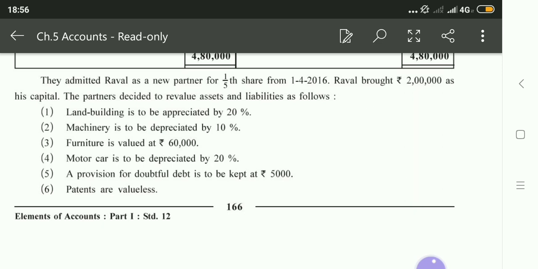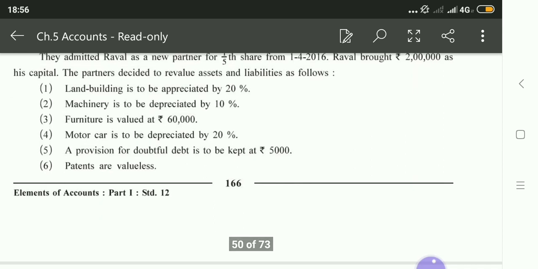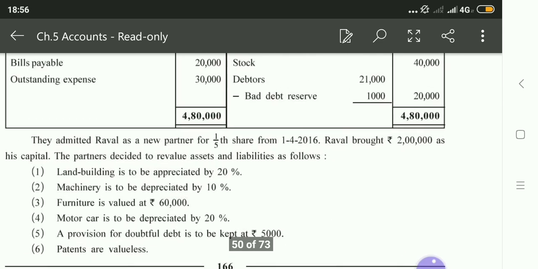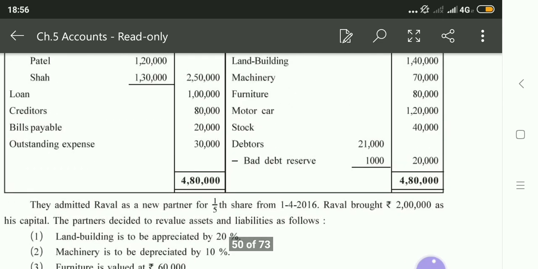Okay, coming back to the adjustments. Yes, we have reached adjustment 5. A provision for doubtful debts is to be kept at rupees 5,000. Provision for doubtful debts is bad debt reserve. You are supposed to create a provision of rupees 5,000 on debtors. Let us check the book value of debtors.